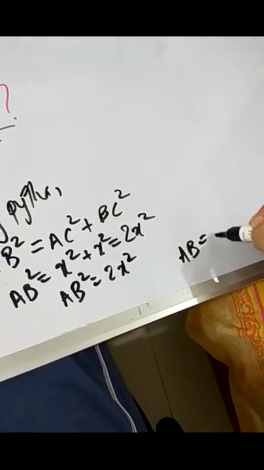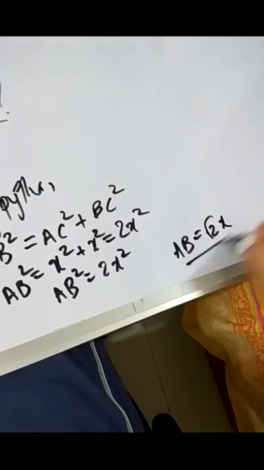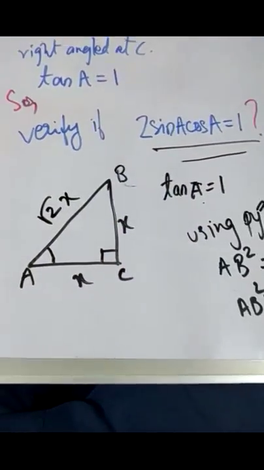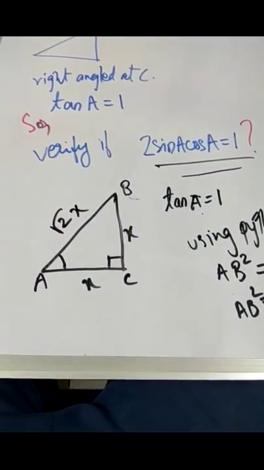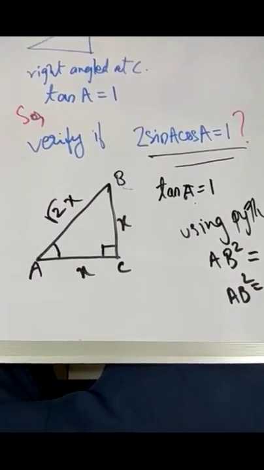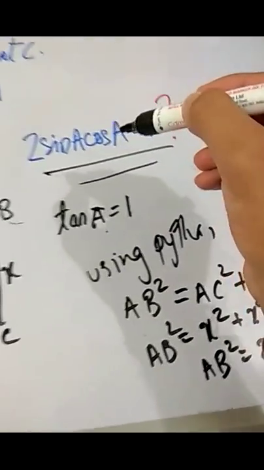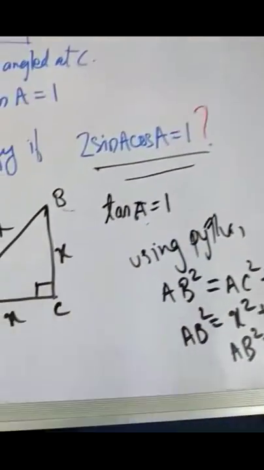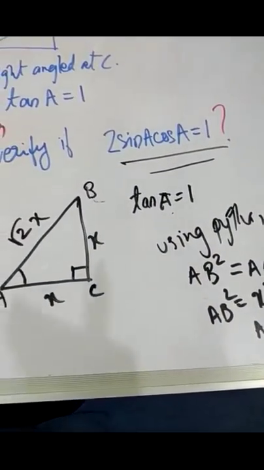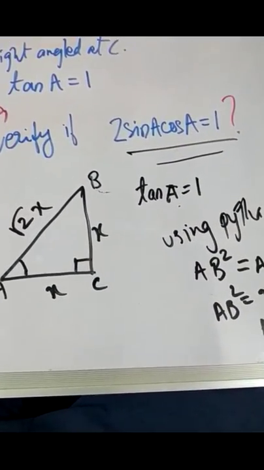AB equals to root 2 x. So these are the sides, x and root 2 x. I don't know what purpose tan A equals to 1 is actually serving, but let's use that in the question if we can.